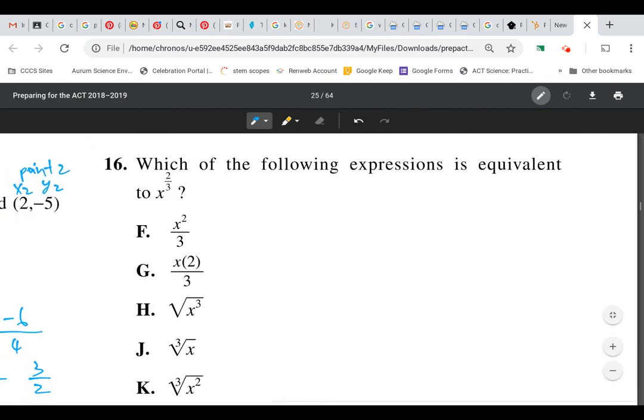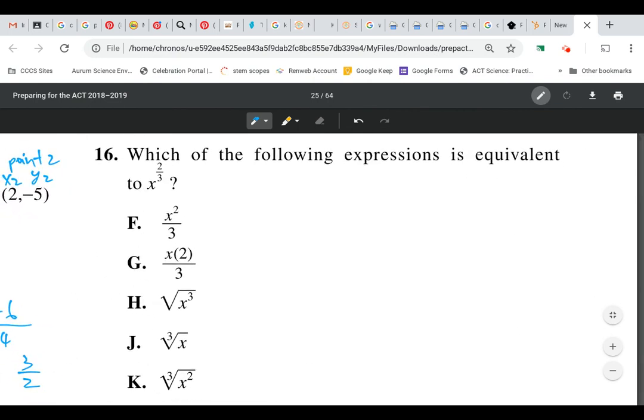Number 16. Which of the following expressions is equivalent to x to the 2 over 3? So you have to know the exponent rules. When you have a fraction, what does it mean? The top number, the numerator, is the power.